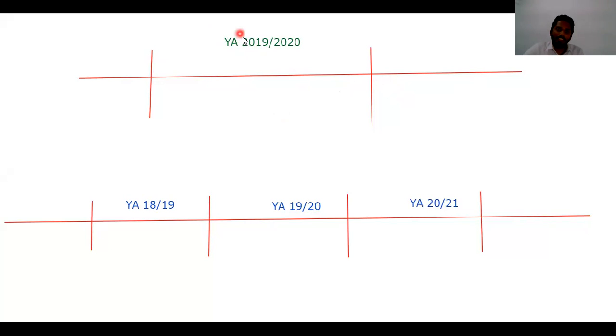Let me explain this with colors. Commencing basically means from before the start of the year of assessment. With this light green color, if it is during this period, the 12 months is this.